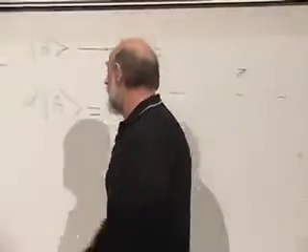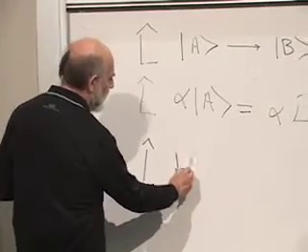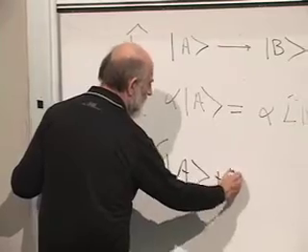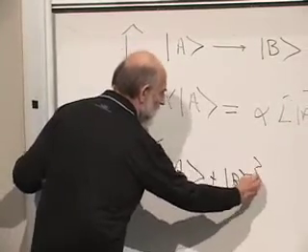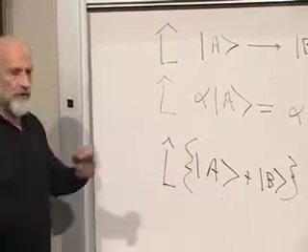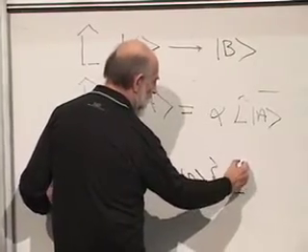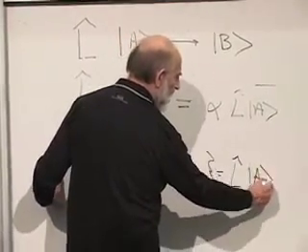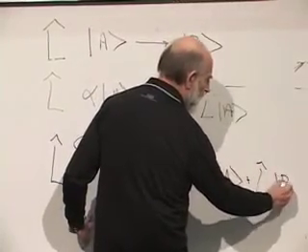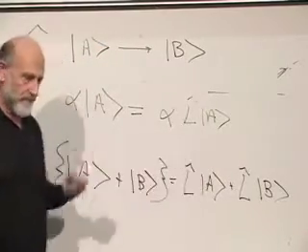And number two, if a linear operator acts on the sum of two vectors, it just gives you the sum of the action on each of the vectors separately. So it gives you L times A plus L times B, times being used in the sense to mean operating on.